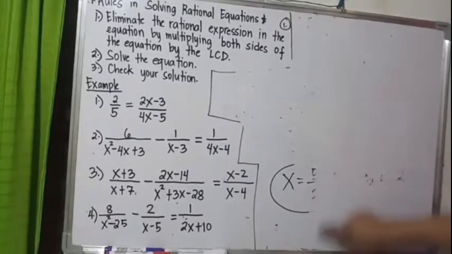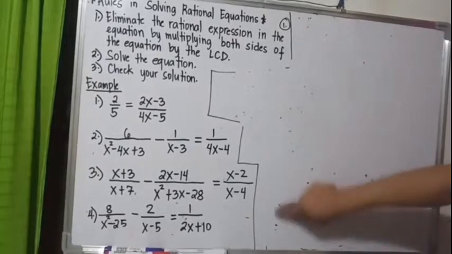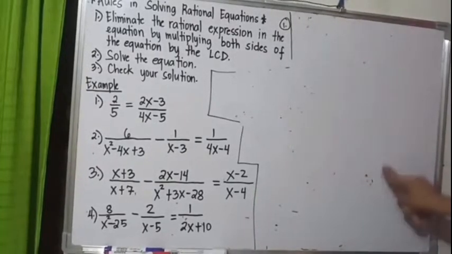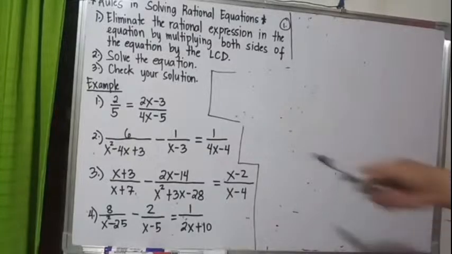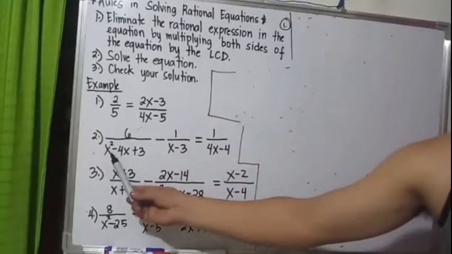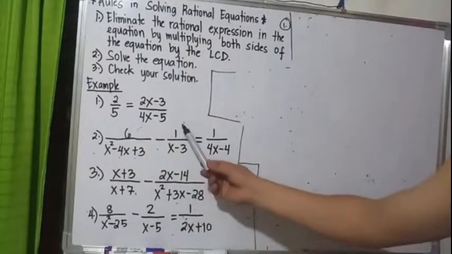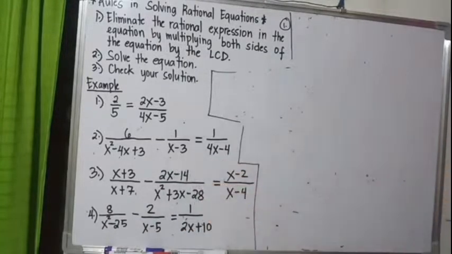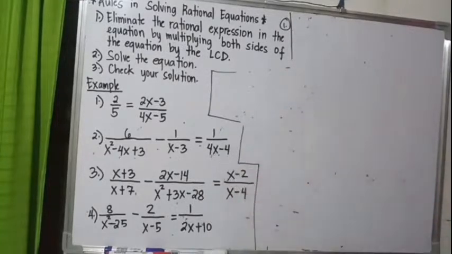Okay, isa pang example. Okay, number 2. So we have 6 over x squared minus 4x plus 3, subtract 1 over x minus 3 equals 1 over 4x minus 4. So complicated ito.